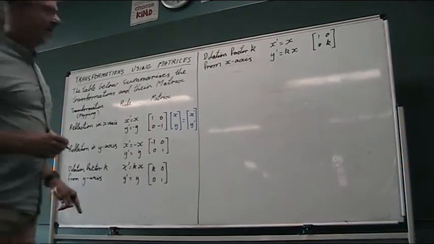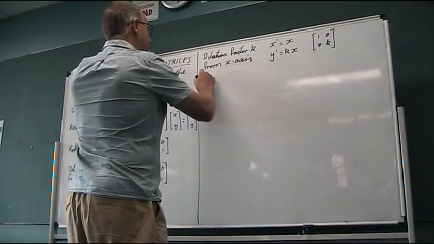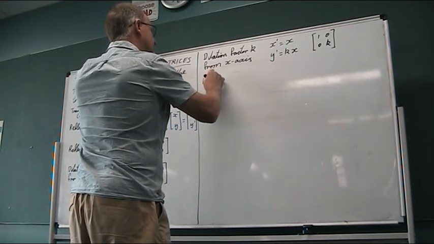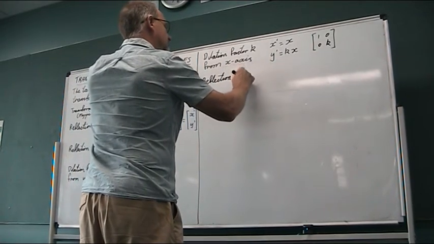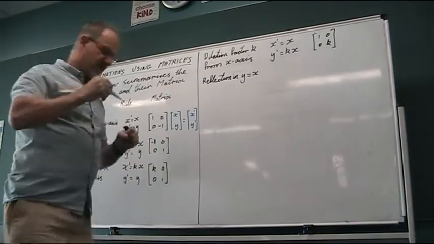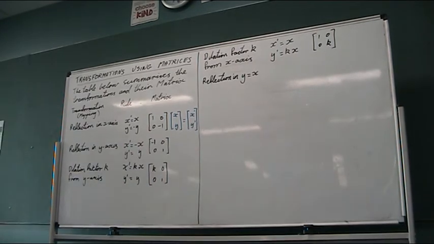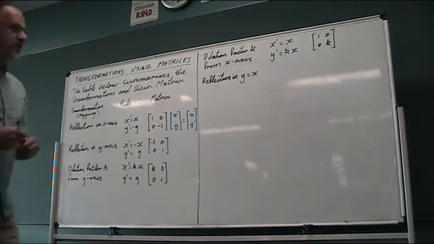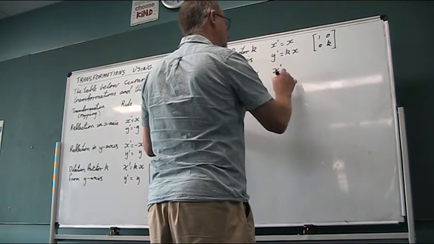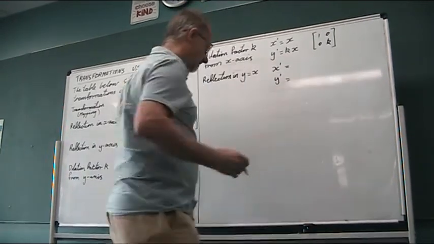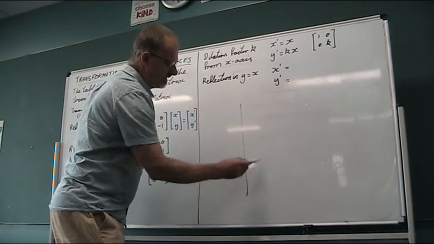Now there is another one that we haven't done a lot on, but we have, especially when we did inverse functions: reflection in the line y equals x. So the question is, what changes? There's a rough sketch down here.